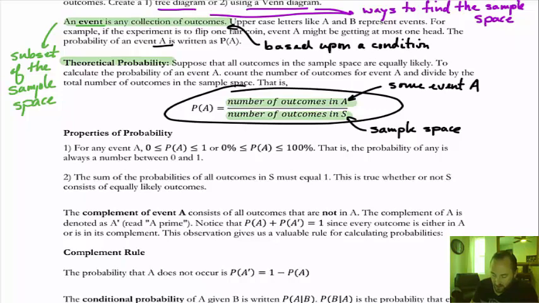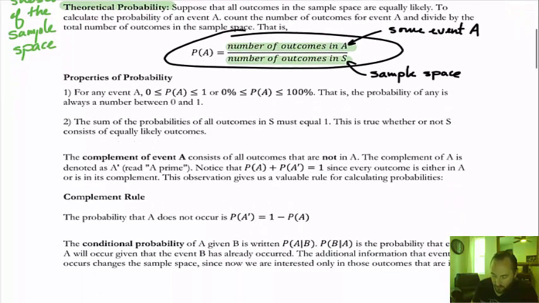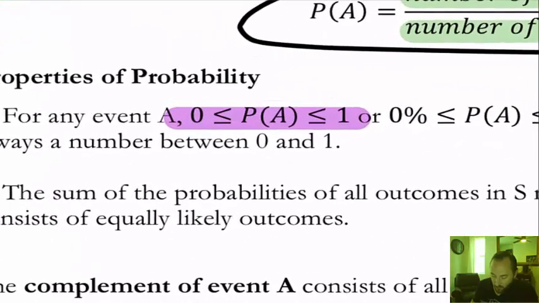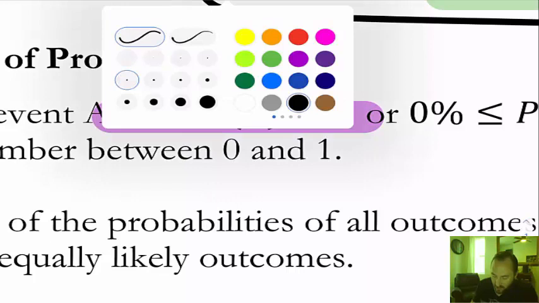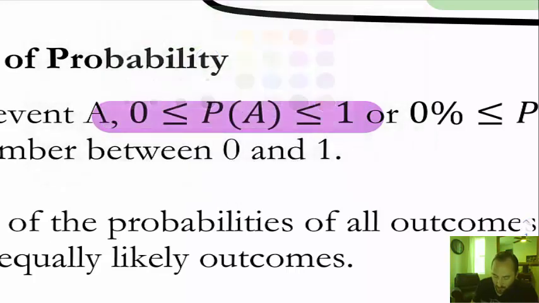And some of the things down here to consider as well: all probabilities are between 0 and 1, and another way to look at that is between 0% and 100%.